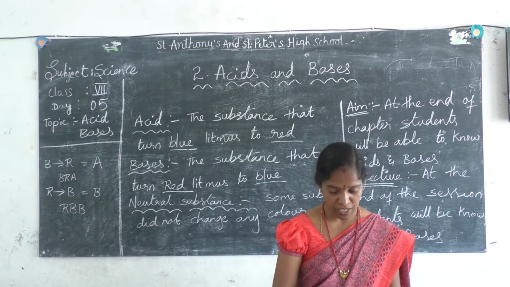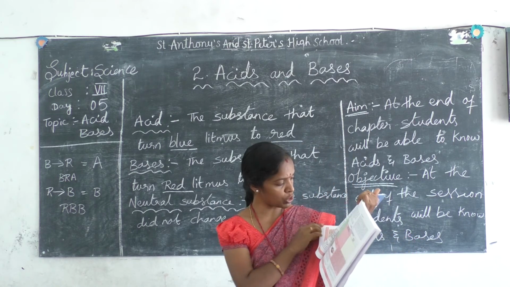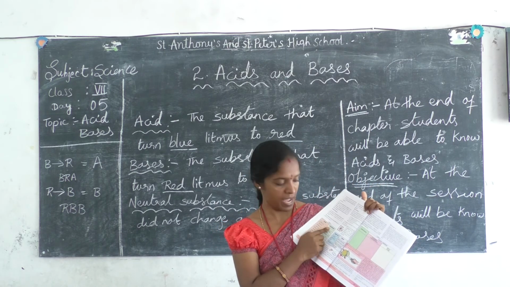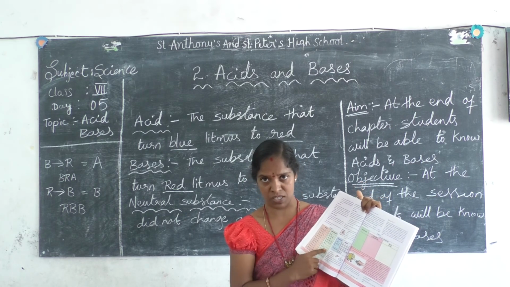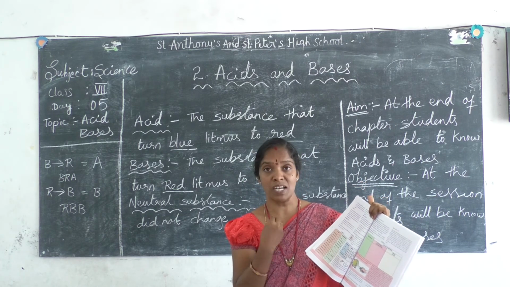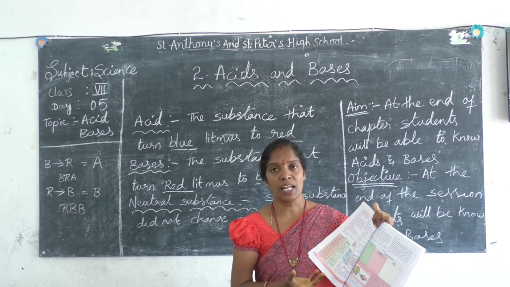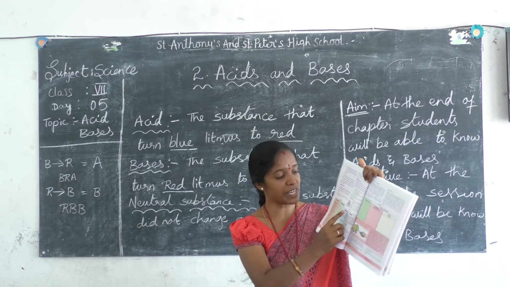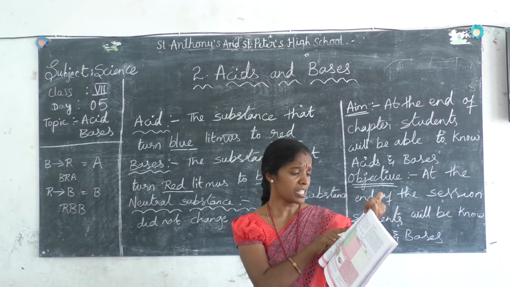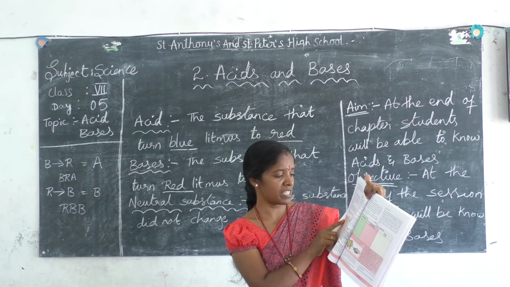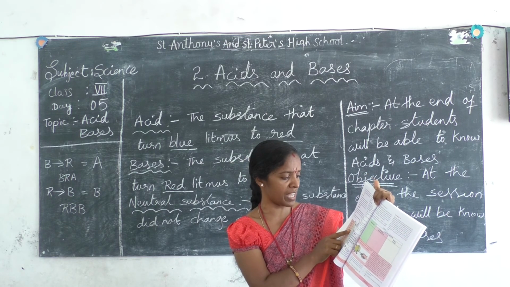Now page number 12, table 5. Here they mention a few of the acids and bases present in our daily used items. See table 5: acetic acid, citric acid, butyric acid.